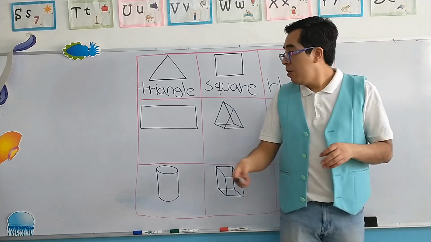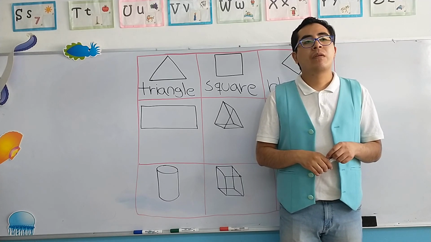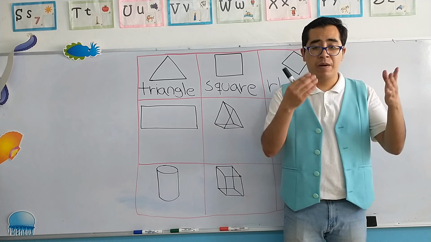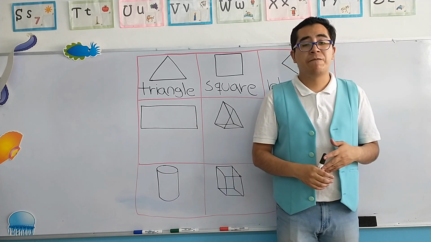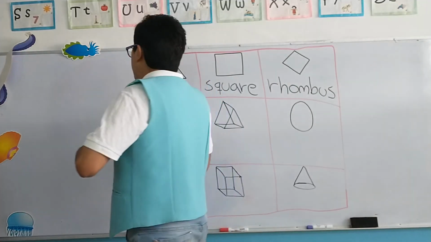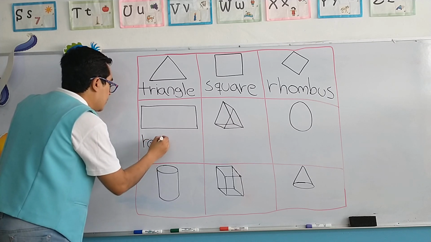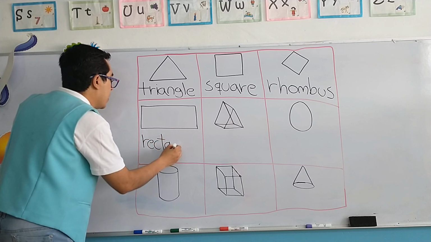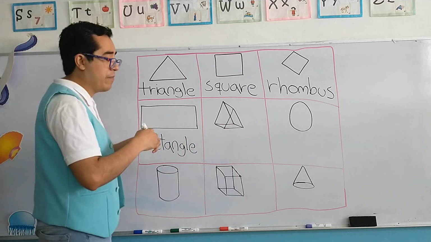For the second row, we continue with, okay, rectángulo, but remember that's in Spanish. With the teacher Jacob, it's called different. Rectangle. Very good. Rectangle. R-E-C-T-A-N-G-L-E.